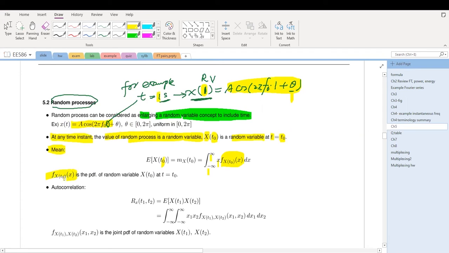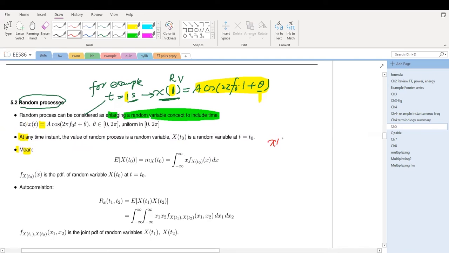This notation here is a little bulky, but because of the subscript X t naught, that's one random variable, and small x is the value. So this is really just one function, related with t naught and the function of small x. This is the PDF function of the random variable X t naught.